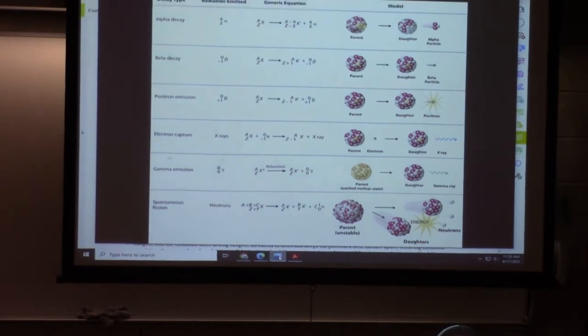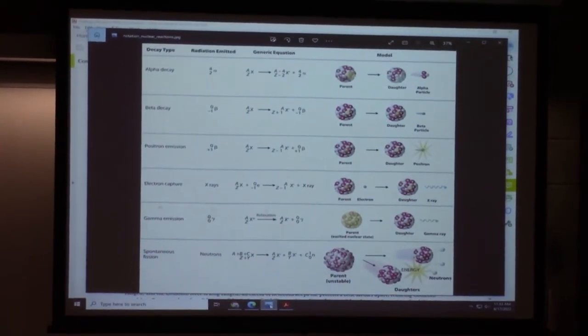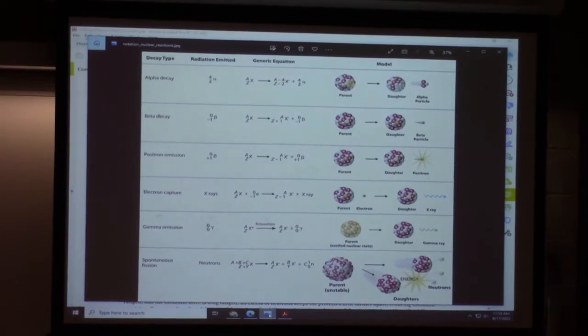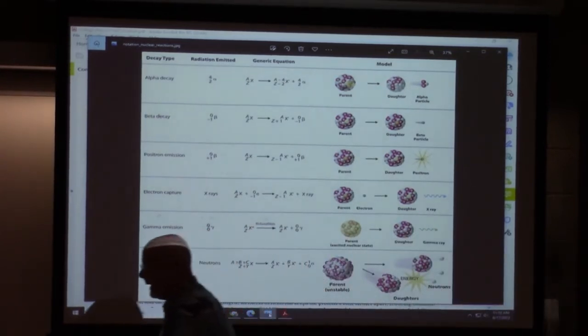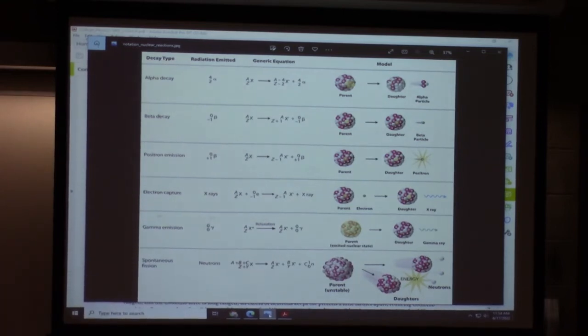This chart here kind of explains in, I'll call it symbols, that I was trying to show you. Let me start with the beta minus decay. I think that's the easiest one to talk about. I think it's the third one down on this chart. So alpha, beta, no, second one, beta.